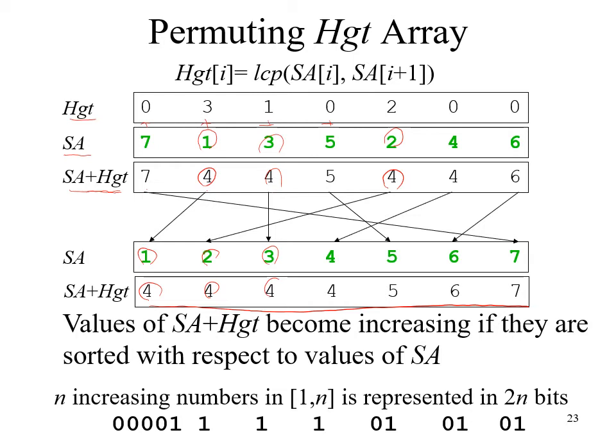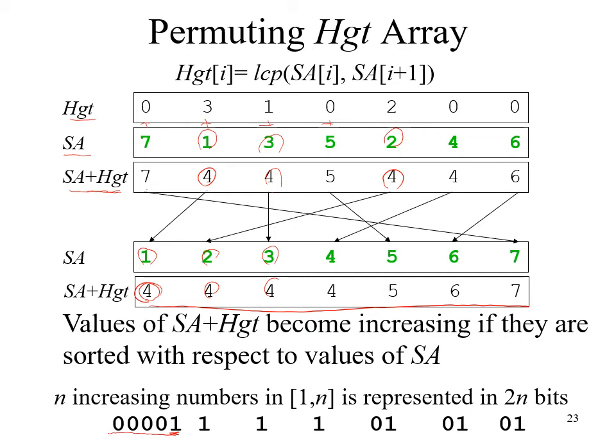So if there are n numbers between 1 and n, then these numbers are represented in 2n bits by using a unary code of differences. So the first value 4 is encoded by 0001, 4 zeros and 1.